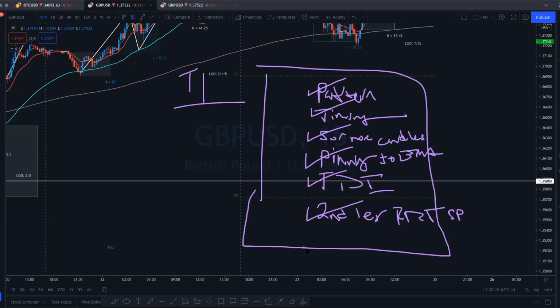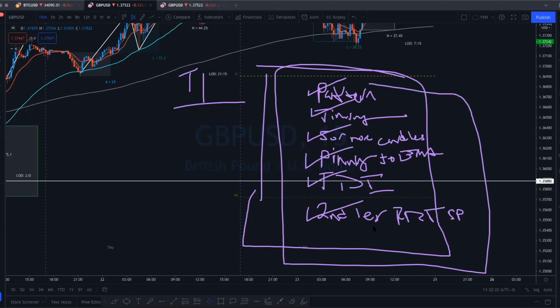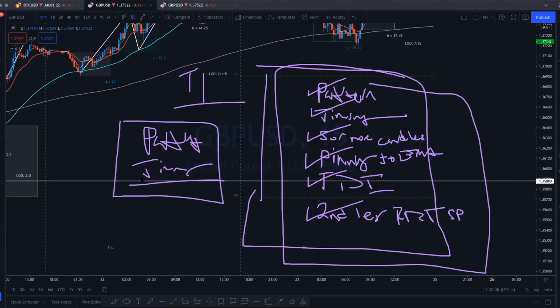How confident would you be in taking a trade setup when all these factors are in play versus just having a pattern and timing in play? So if you had a type 1 setup that gave you the right pattern and right timing, and that's all it gave you, versus a type 1 setup that gave you pattern, timing, candles, pinning, TDI, and second leg, which trade are you taking?